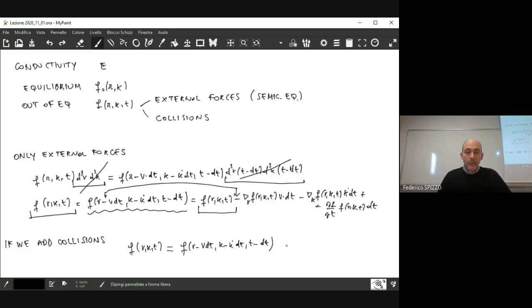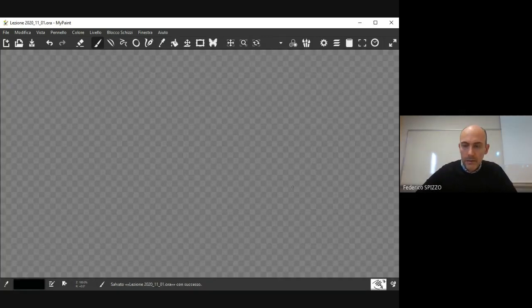At this point, we may include the fact that from time t minus dt to time t, some of the electrons undergo a collision. So at this point, we may lose some electrons, and we may also obtain some new electrons. So in this case, we have the contribution of collisions. And regarding the contribution of collisions, I now write what that contribution is.